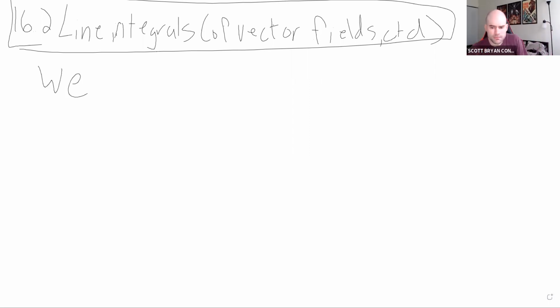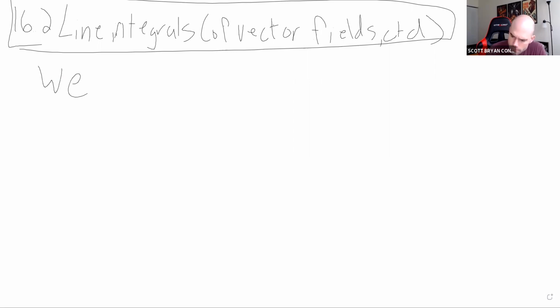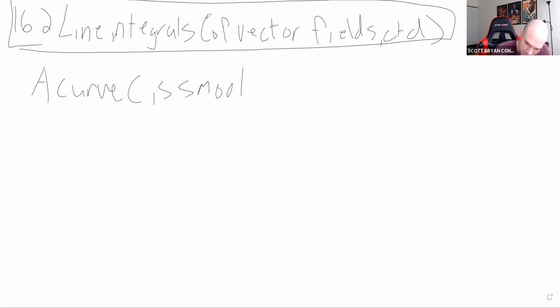So far we've been integrating over what we would say are smooth curves. This is not a technical definition here, but we say a curve C is smooth in this class, basically, if you can parameterize it in one go, right?